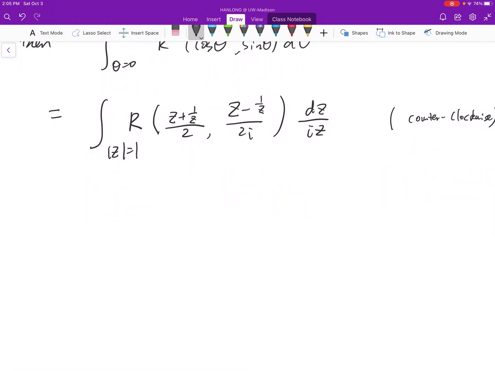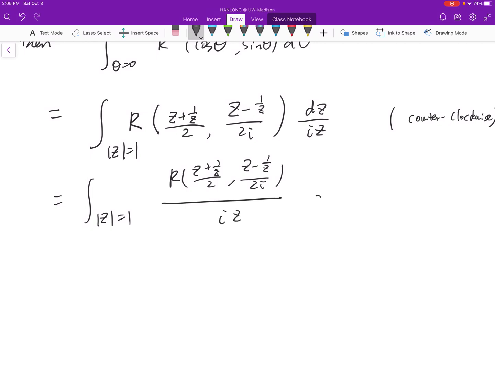Note that if we write it in this way, by the assumption R is rational, so this is a rational function.